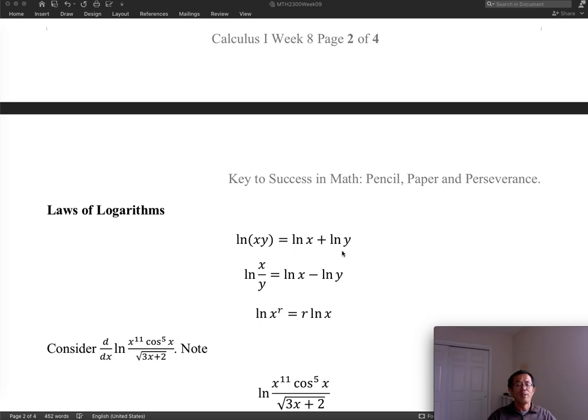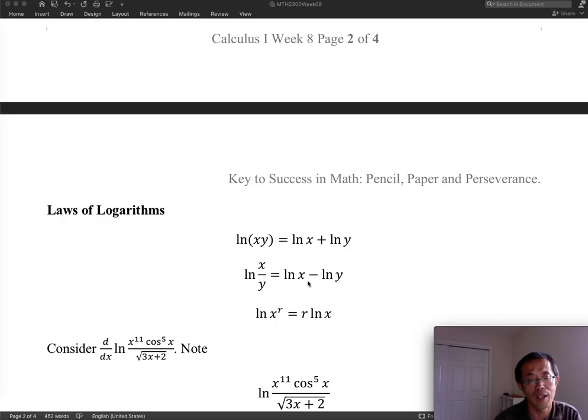Using this logarithm property, we are converting a product, x times y, into a sum of ln x and ln y. And the second property converts a quotient into a difference.